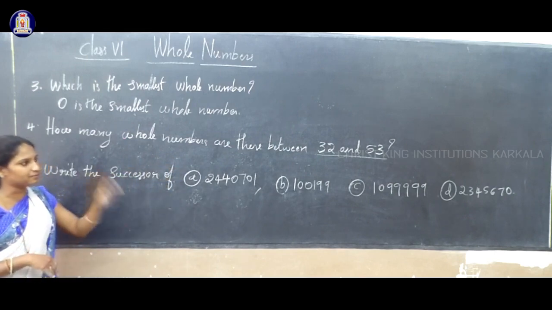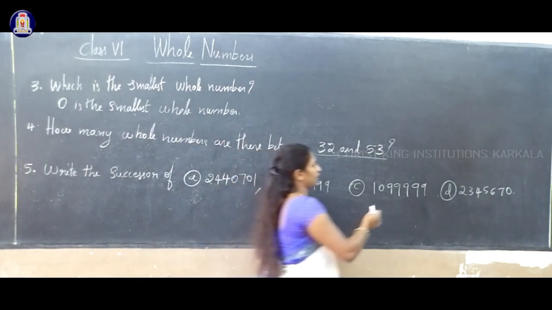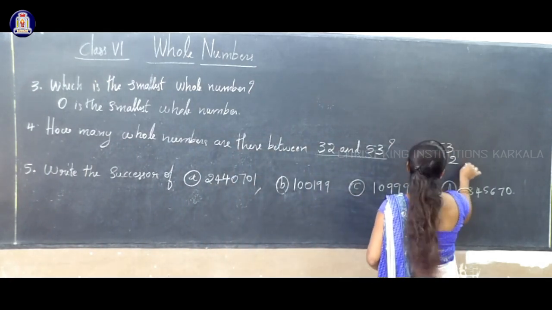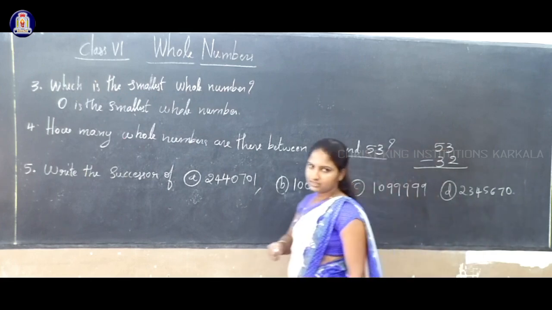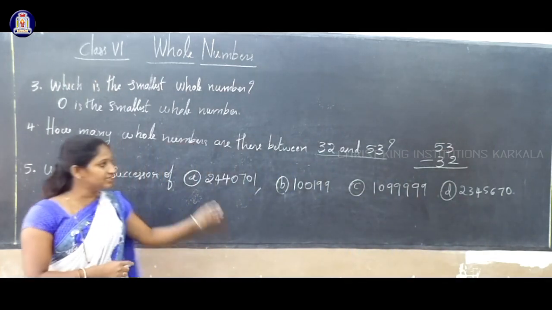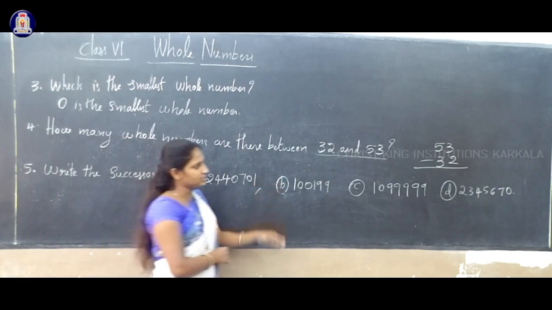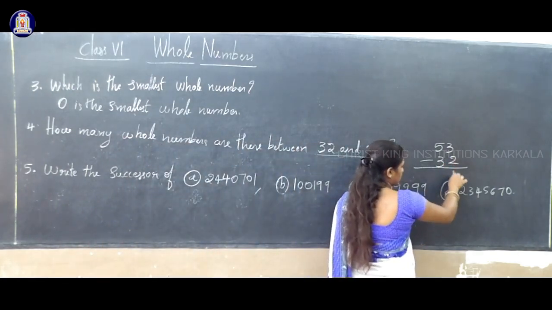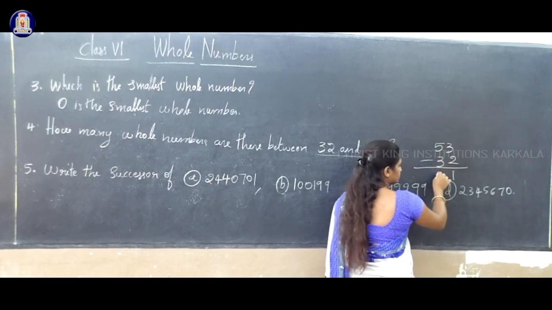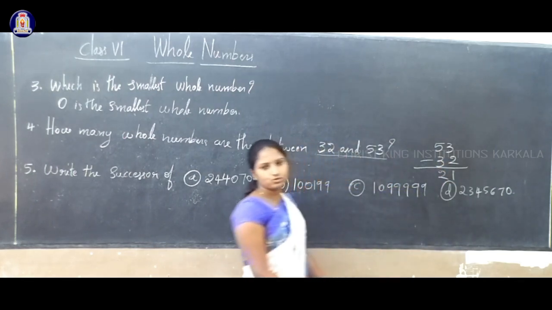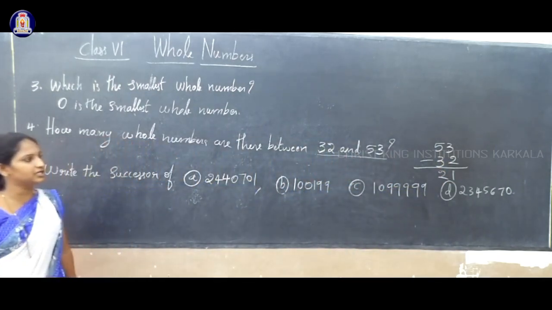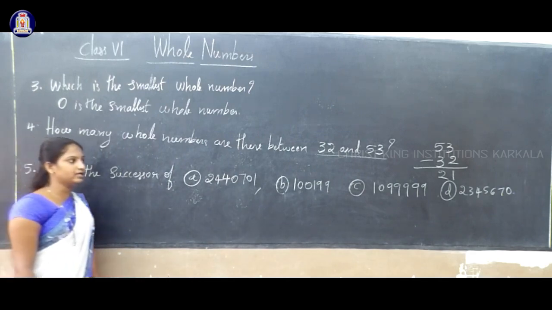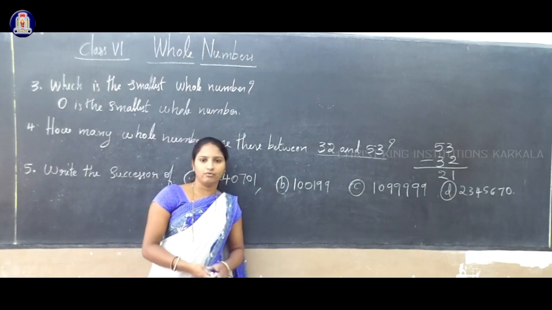But we can also subtract and find the answer: 53 minus 32. Instead of counting from 32 to 53, we can subtract. See, 3 minus 2 is 1, 5 minus 3 is 2. So 53 minus 32 is 21.